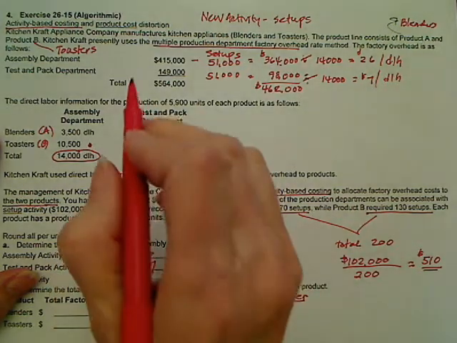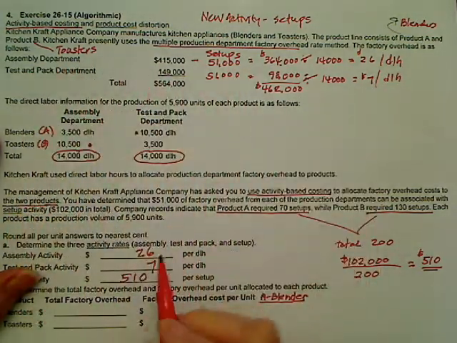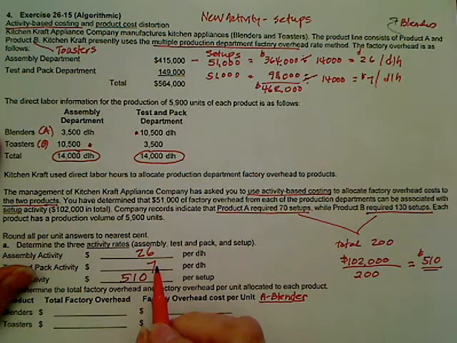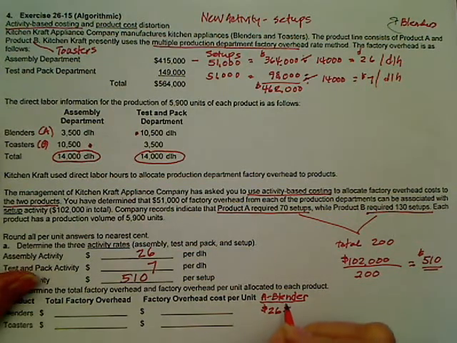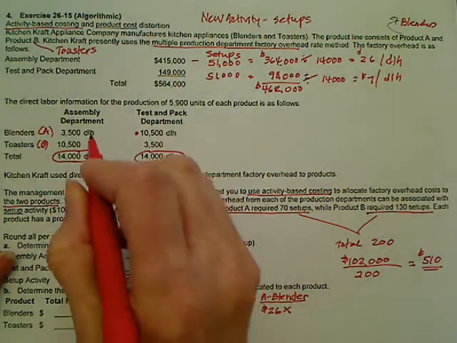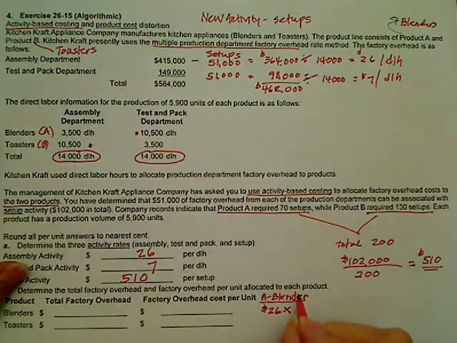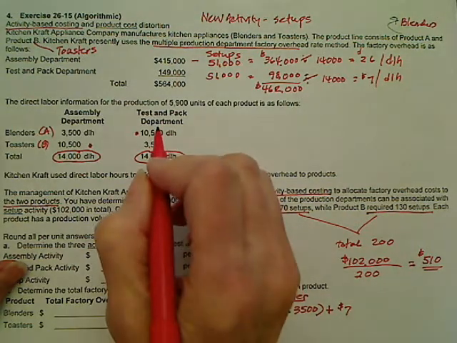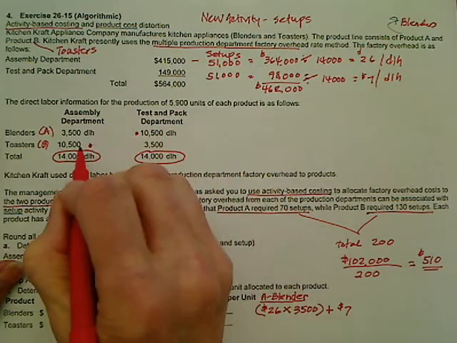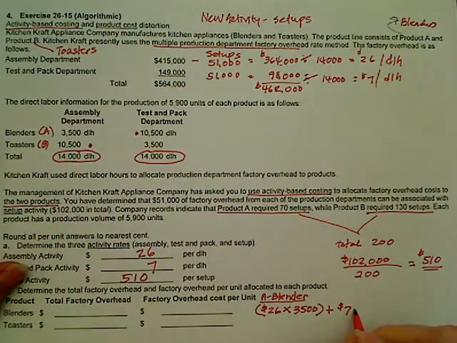We have the assembly rate, which is 26, so it is $26 times the 3,500. We're doing the blenders, so times 3,500, plus $7 times 10,500, that's for the test and pack, times 10,500.